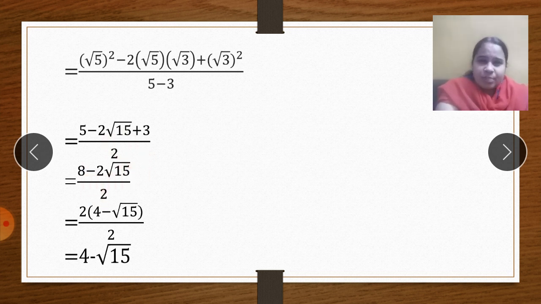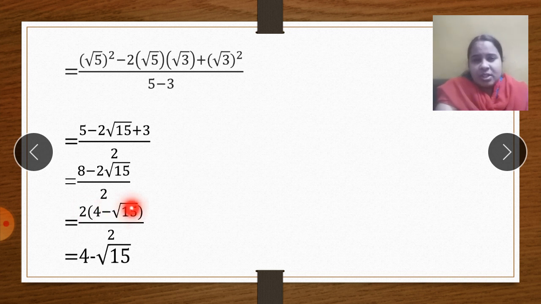When you have an expression in the numerator like this, you cannot cancel individually. You have to take common from this. This is a rule; if you want, you can write it somewhere: when you have an expression like this, terms cannot be individually cancelled. You first have to take common from the numerator. So 8 and 2, what is the common factor? 2.